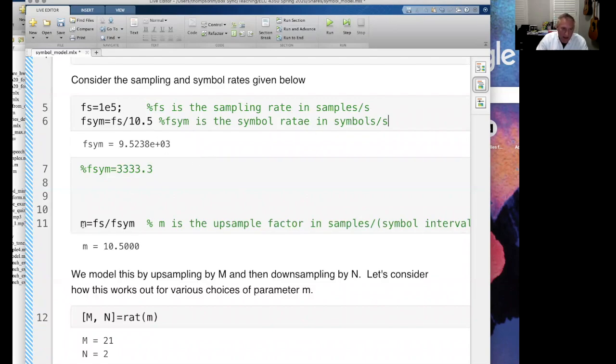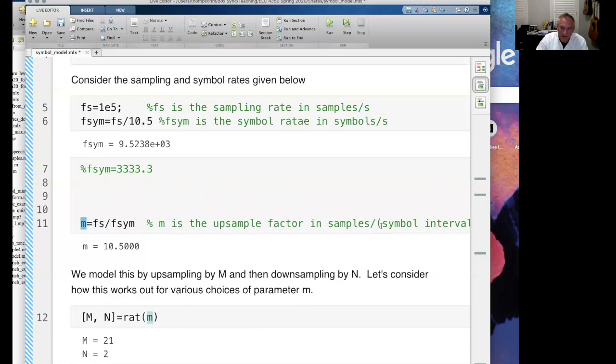All right, so m, I put this in lowercase now because remember our whole goal was to generalize this from what we were doing before. So lowercase m can be an integer value, or like in this case, it's shown up as 10.5. It's the upsample factor in samples per symbol interval. Now, I have to admit, sometimes I'm careless and say that this is samples per symbol.